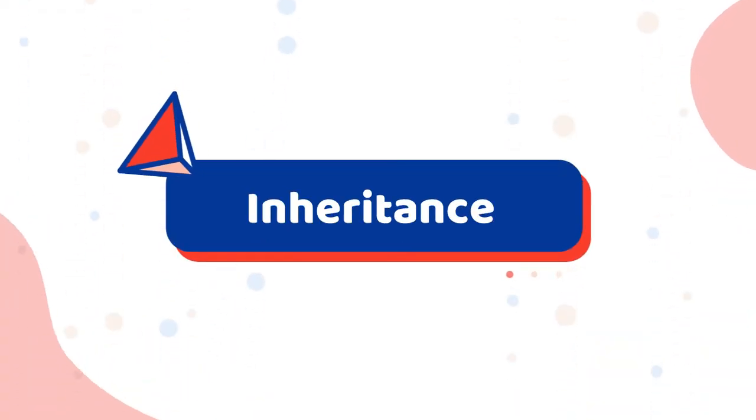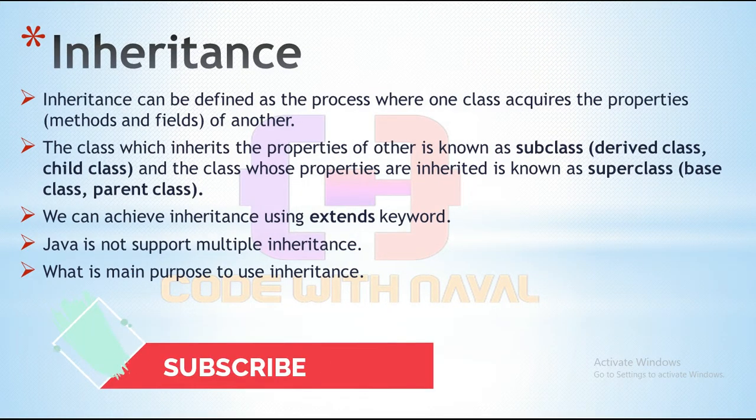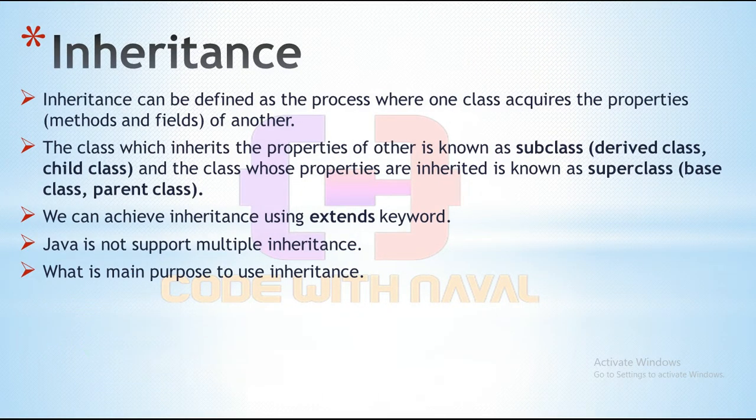Let's first understand technically what is inheritance. Inheritance can be defined as a process where one class acquires the properties, methods and fields of another. The class which inherits the properties of the other is known as a subclass, derived class, or child class, and the class whose properties are inherited is known as a superclass, base class, or parent class.